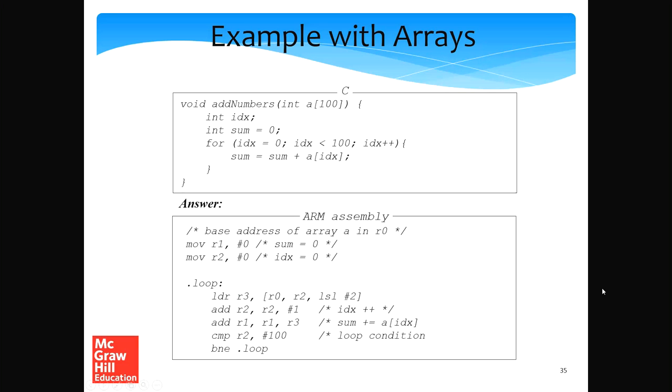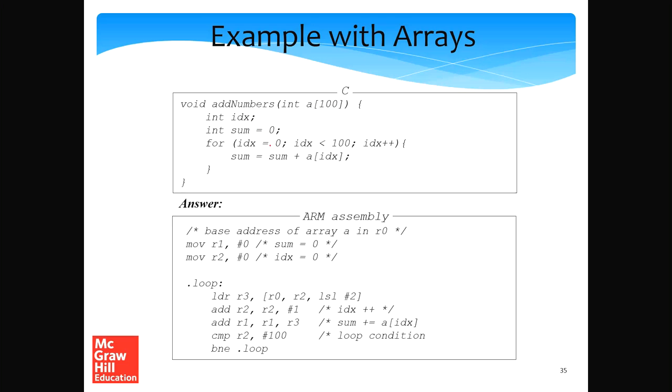As discussed in the last slide, let me explain a small example with arrays. Let's first take a look at the C program on top. In this case, the input is an array of 100 elements. We have a sum and we have an index. The idea is to add all the elements in the array.